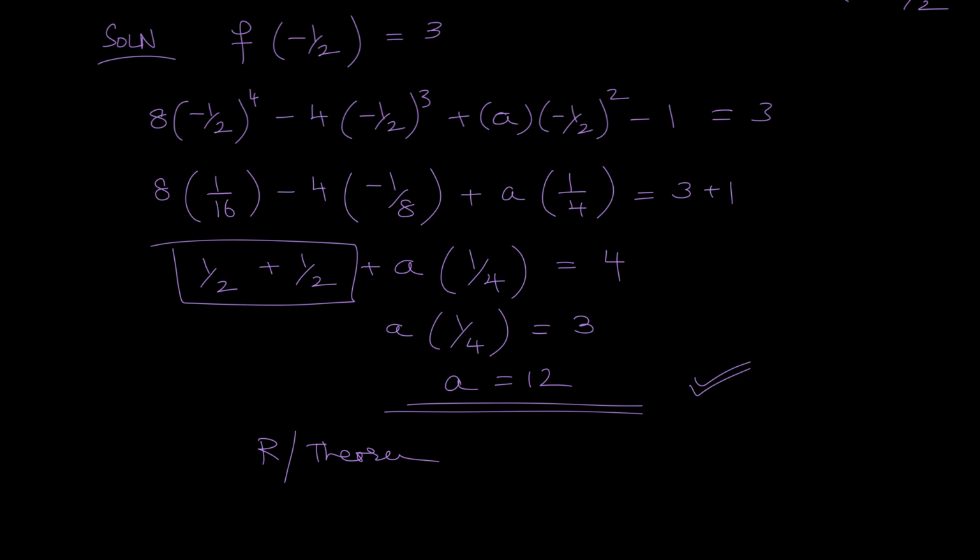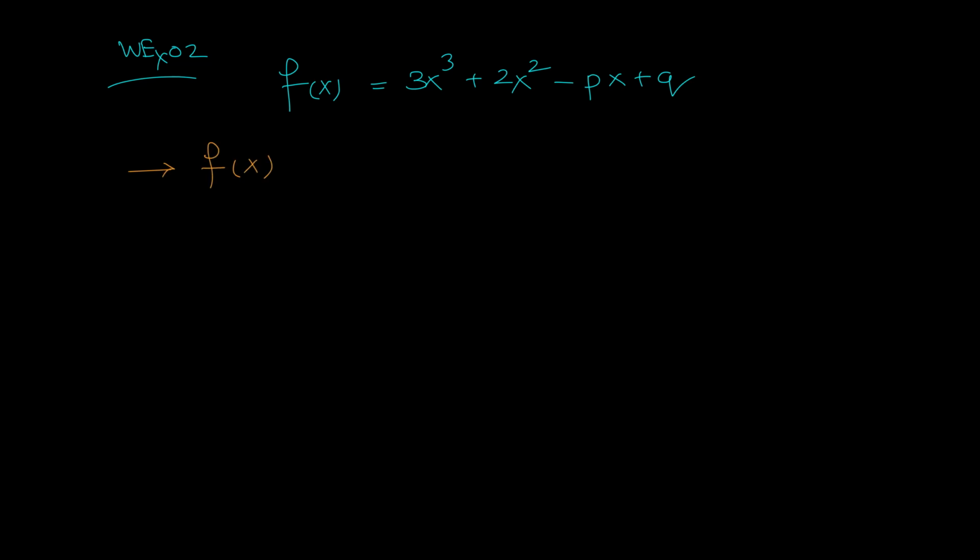One more question which will involve the use of simultaneous equations. So now in this question, we have a polynomial f(x) equals 3x cubed plus 2x squared minus px plus q. The examiner has given us two pieces of information. This function is completely divisible by x minus 1.